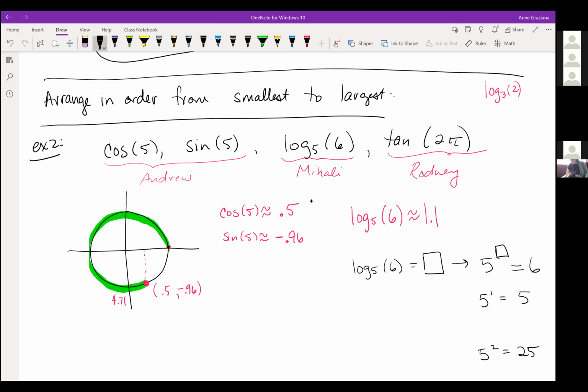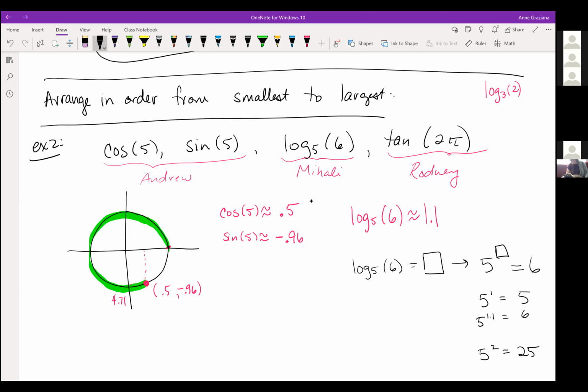So we can only approximate. You see that 6 is way closer to 5 than it is to 25. So that means my exponent's got to be pretty close to 1. So maybe 5 to the 1.1, like D'Angelo suggested. It's pretty good. So that's just an approximation of 1.1.